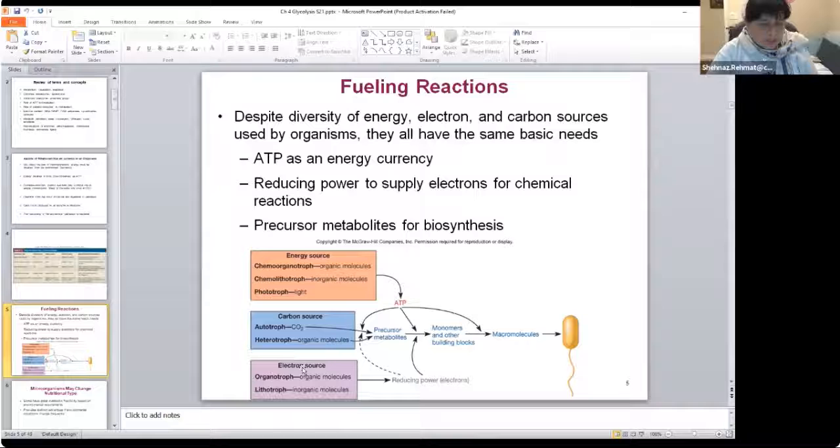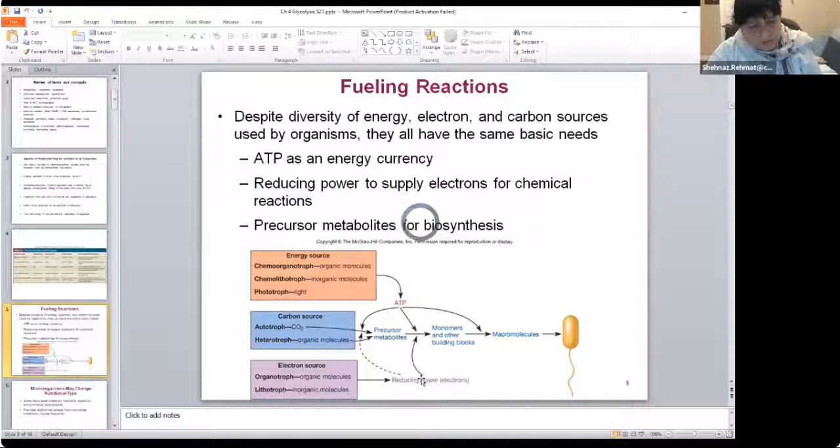While your electron source in the organotrophs will be provided by the organic molecules, your electron source in the lithotrophs will be provided by inorganic molecules.